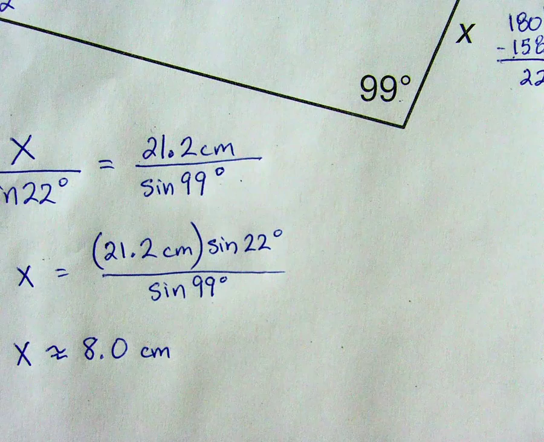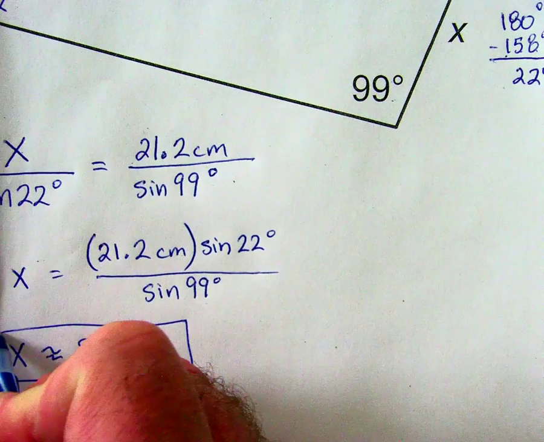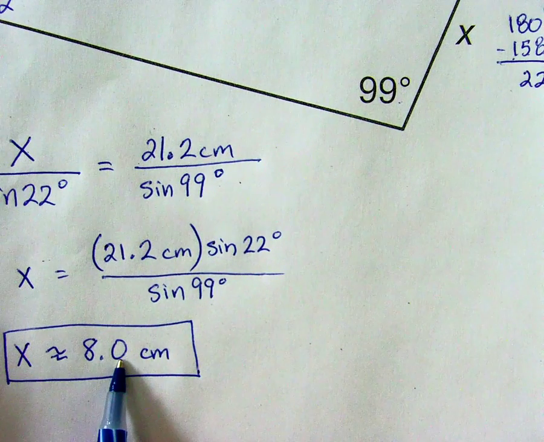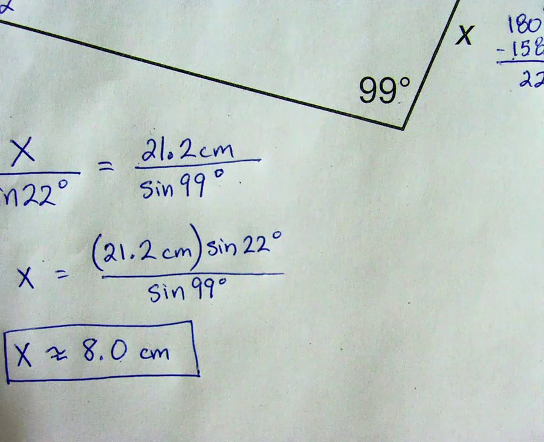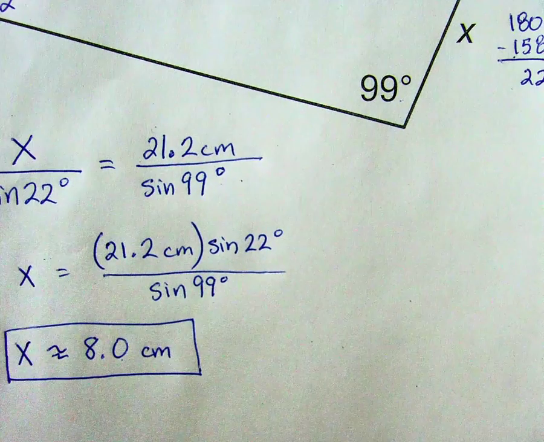Sorry about that. So x is approximately 8.0. If I'm rounding to tenths, even if it's a 0, I need to put the 0 there.